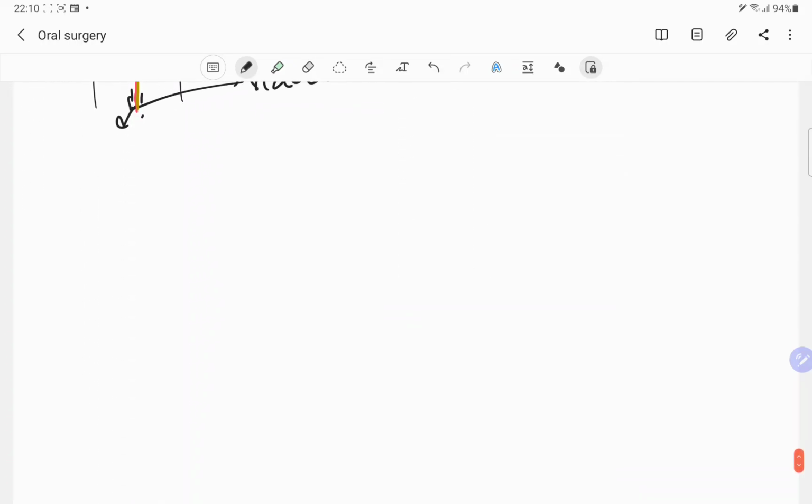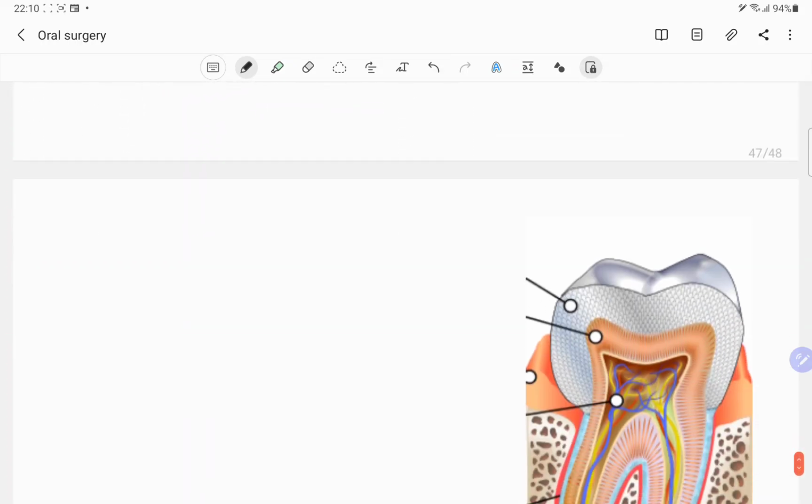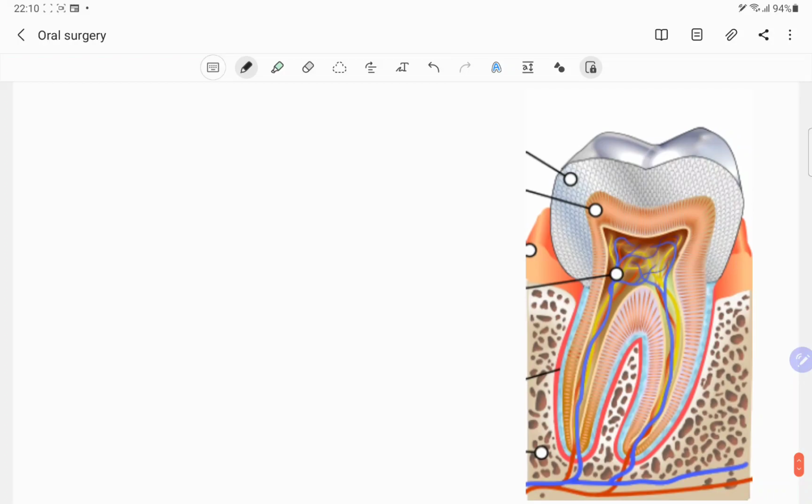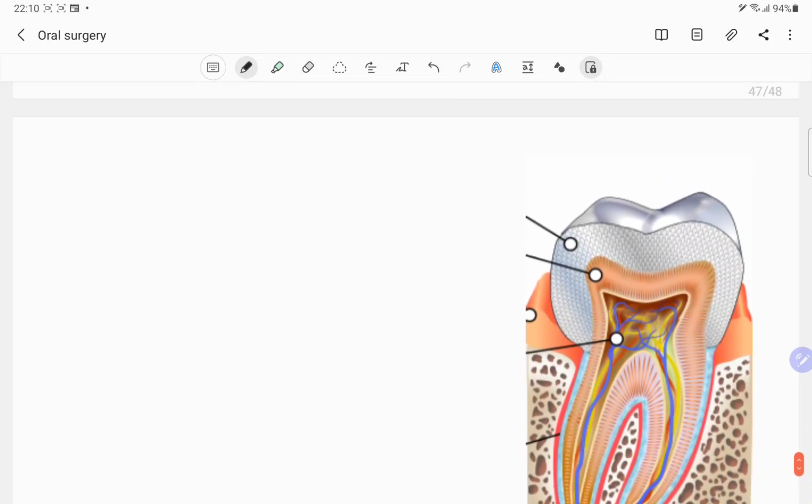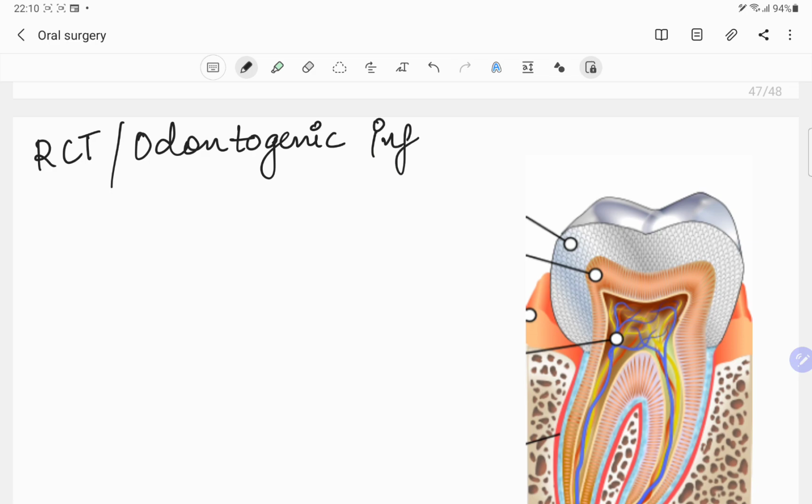So guys, what happens when there is an odontogenic infection? In case of a tooth infection, a failed root canal treatment, or a fracture of the maxilla or mandible, these are the most common causes of osteomyelitis.